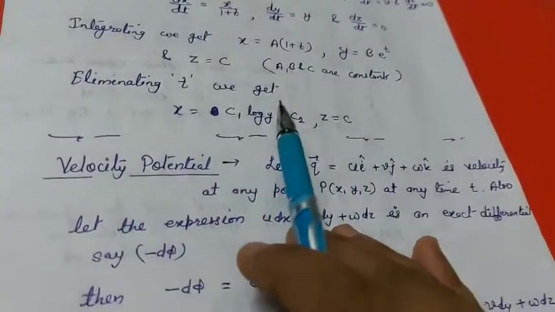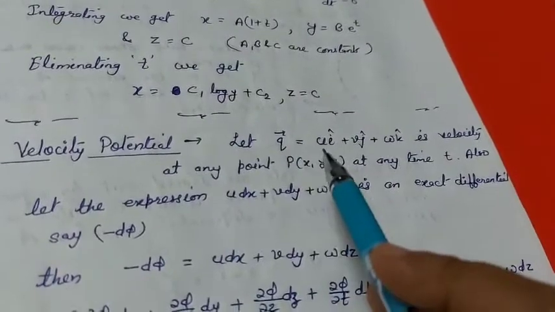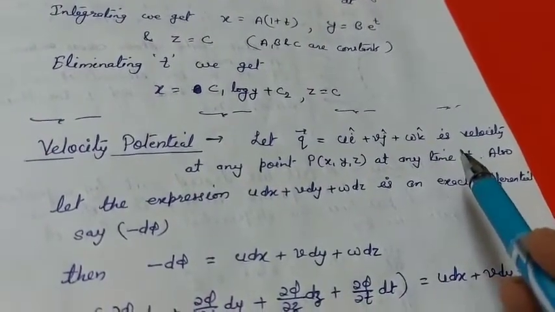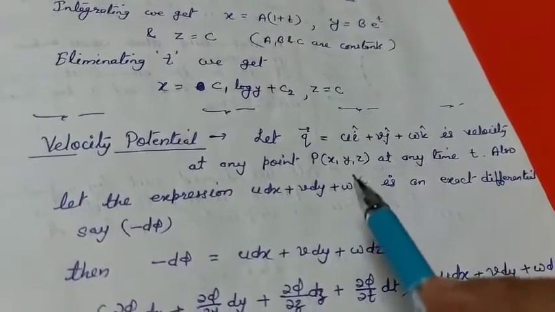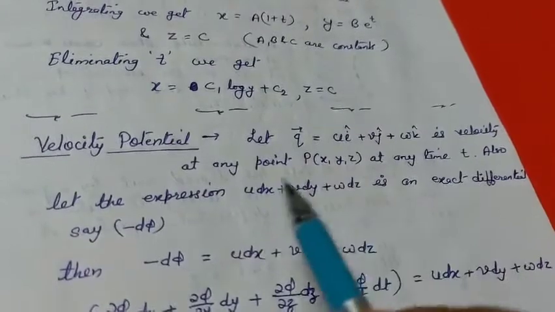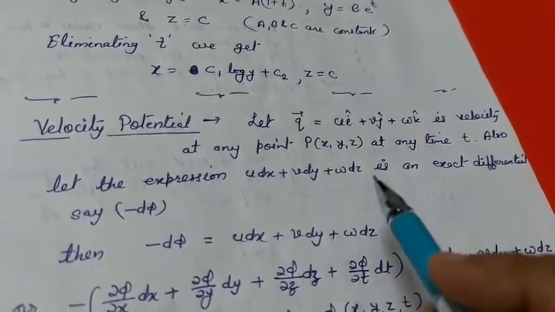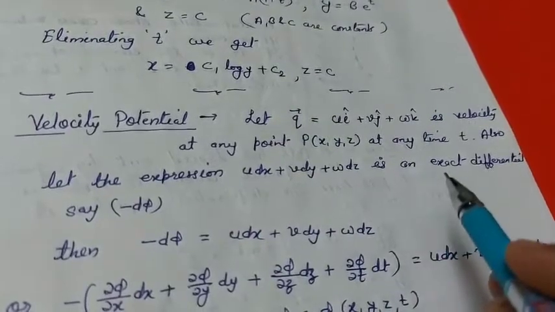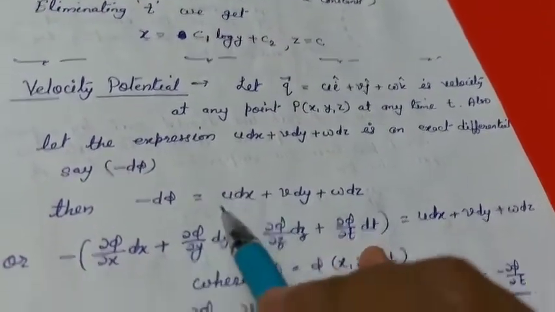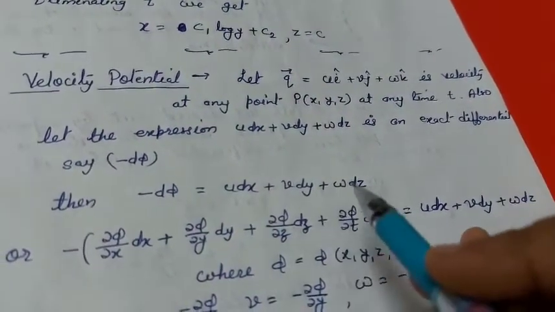Now next is velocity potential. Let q is equal to ui plus vj plus wk be the velocity at any point p(x, y, z) at any time t. Also, let the expression u dx plus v dy plus w dz be an exact differential, say minus d phi, so that we can write minus d phi is equal to u dx plus v dy plus w dz.